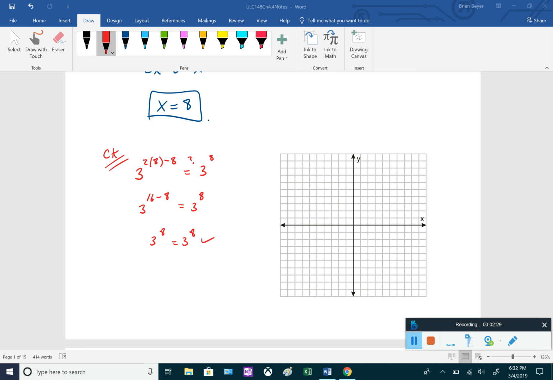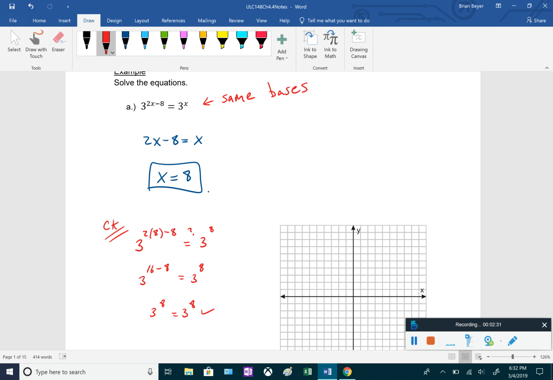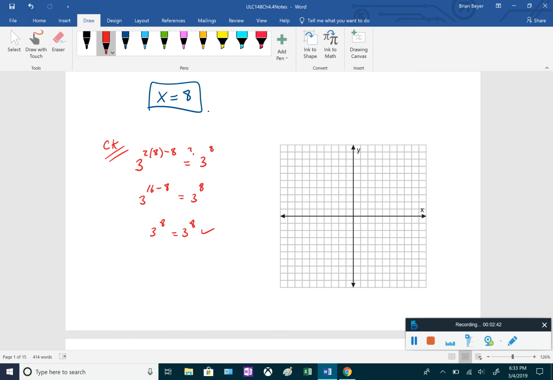Graphically speaking, we can think of both sides of that equation as functions. We can think of the left-hand side as y equals 3 to the 2x minus 8, and the right-hand side as y equals 3 to the x. Then we can graph them. I'm going to go by intervals of 2 here: 2, 4, 6, 8. Let's say that's the function y equals 3 to the x. This graph is not to scale.